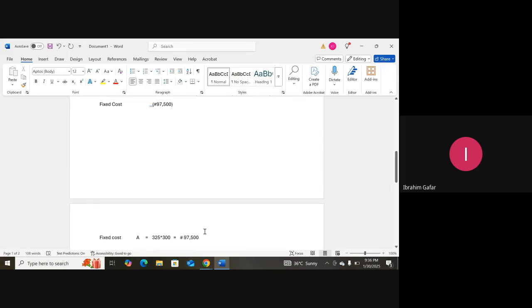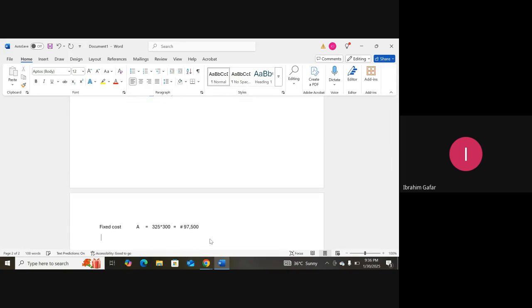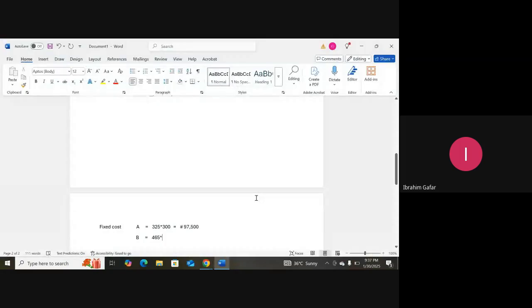Then we try for B as well. What do you have for B? Let's do the working note. B. What's the fixed cost for B? 465. Multiply by what? 200. Because B, special order of B is 20, then automatically 10% of the total demand gives us that 20.